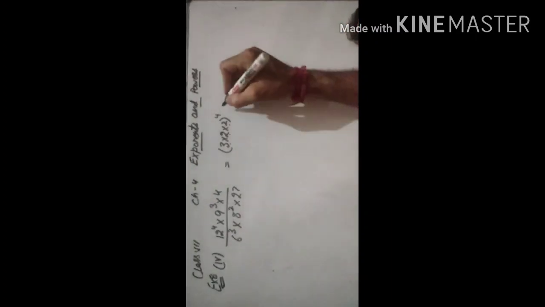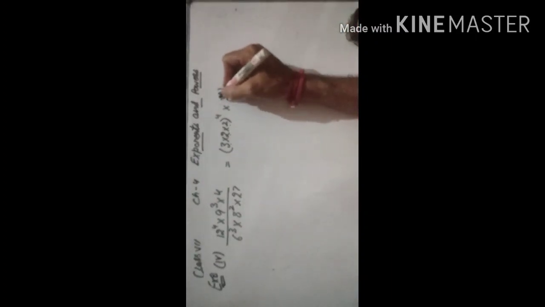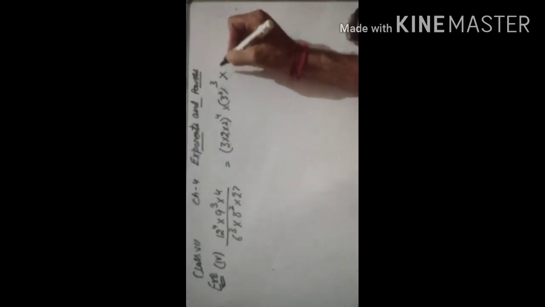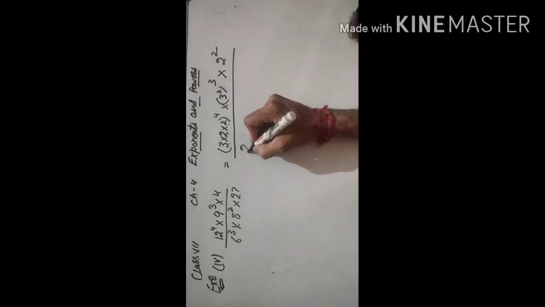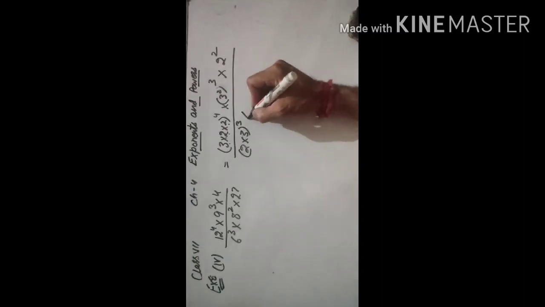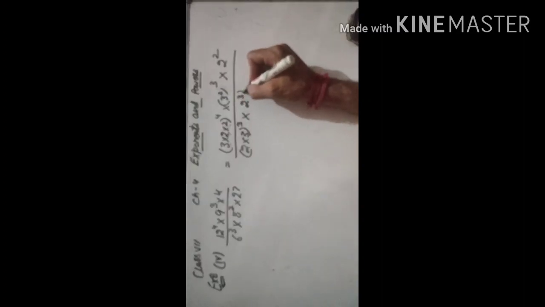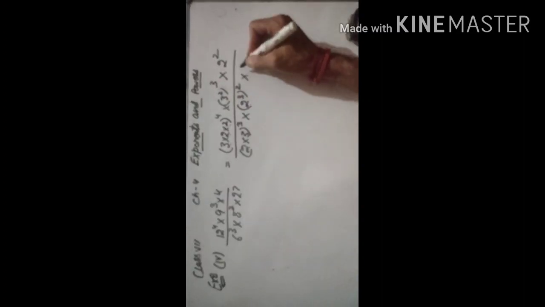9 you can write as 3 to the power 2, so into (3 to the power 2) to the power 3 into 2 to the power 2, divided by 6, whose factors are 2 into 3, to the power 3, into 8 which is 2 to the power 3 to the power 2, and 27 is 3 to the power 3.